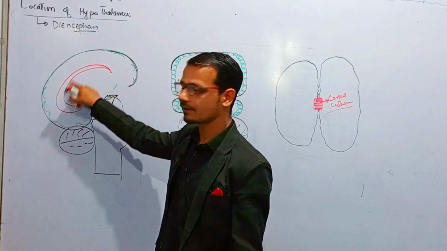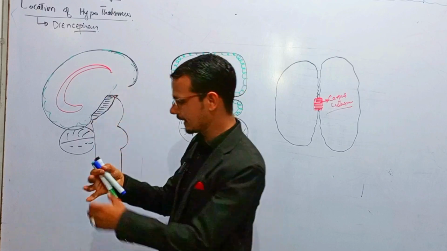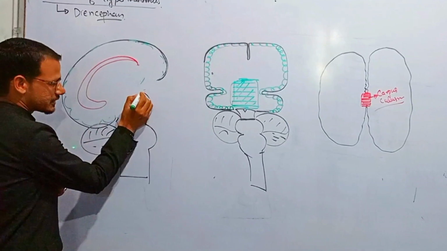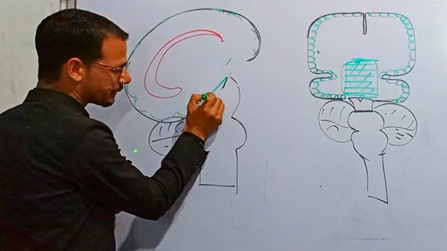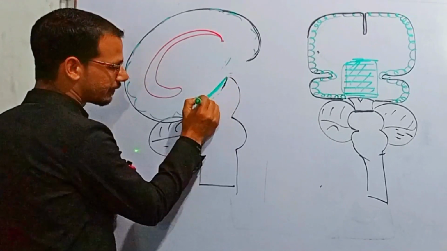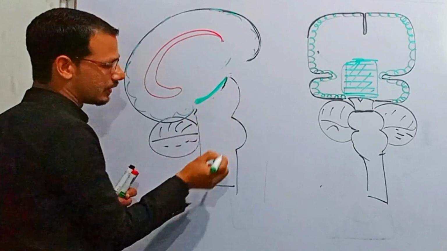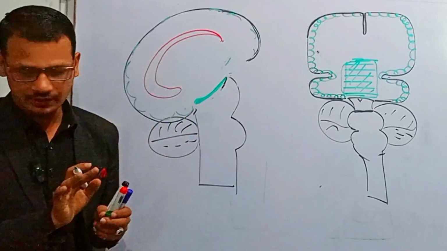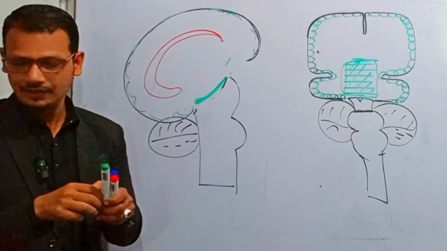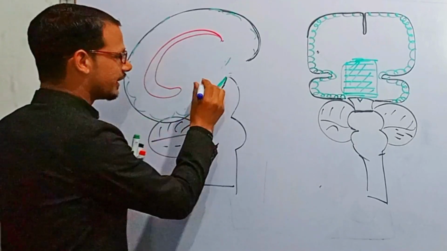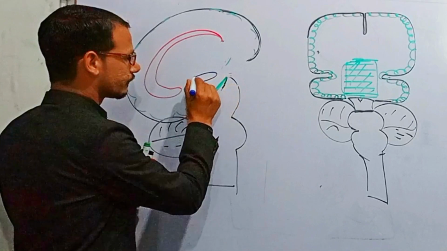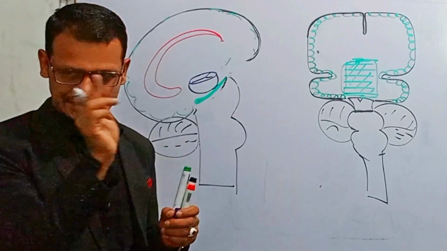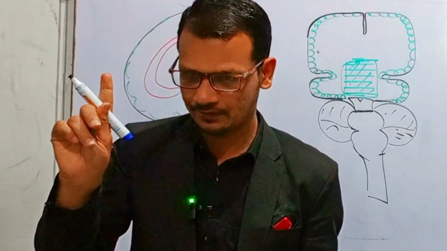This is the corpus callosum, right? For example, from the side we are seeing this is the subthalamus. I haven't talked about these ventricles yet; we will see that also. But this is the subthalamus. On the subthalamus we have the thalamus. Because we are seeing the brain from one side, we will see only one thalamus, right?